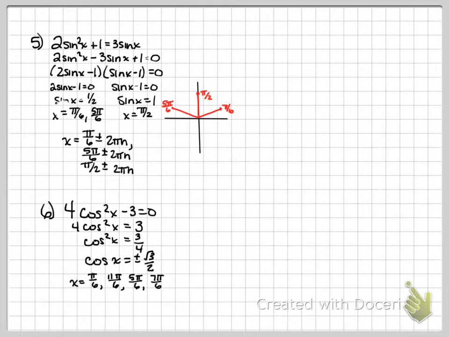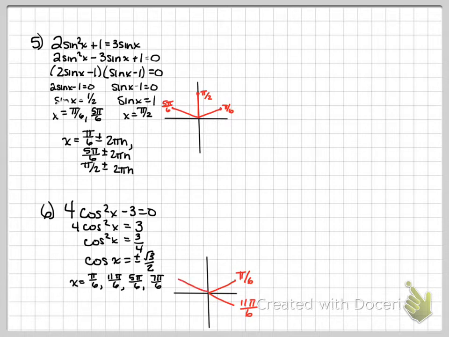So let's put all these on the same graph and see what we notice. So the pi over 6, I'm going to put here, and its other positive one was down here at 11 pi over 6.